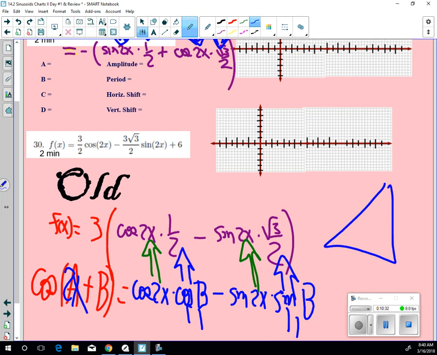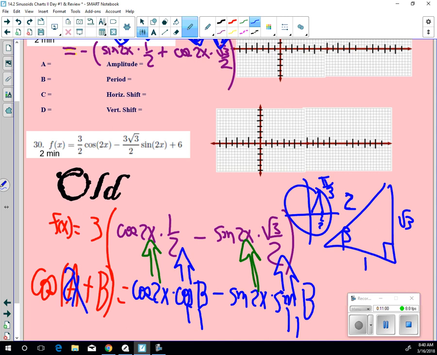Oh, wait a minute. Is the cosine of b really 1/2? And the sine of b square root of 3 over 2? Isn't that going to be the same as what we had before, pi over 3? Cosine is 1/2. Sine is square root of 3 over 2. Yeah.